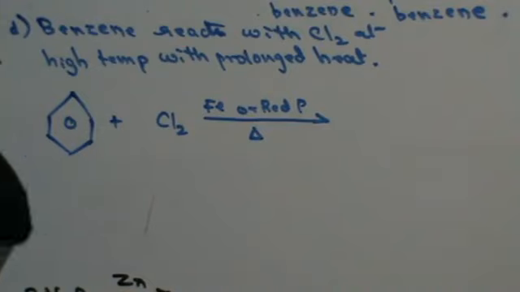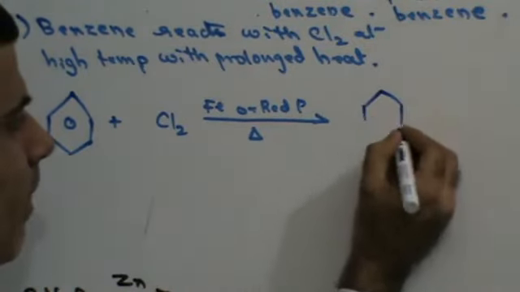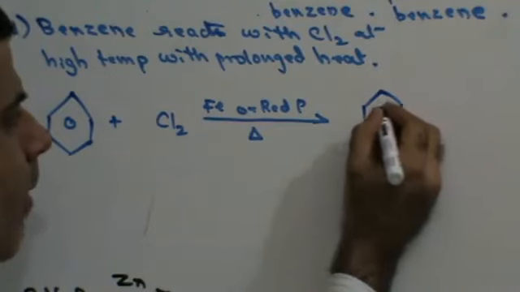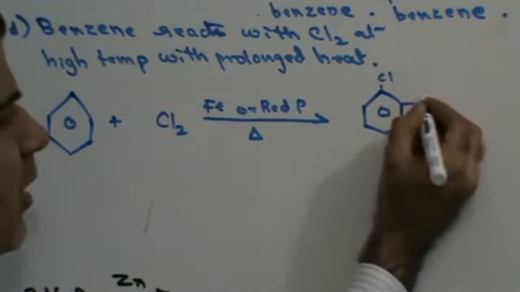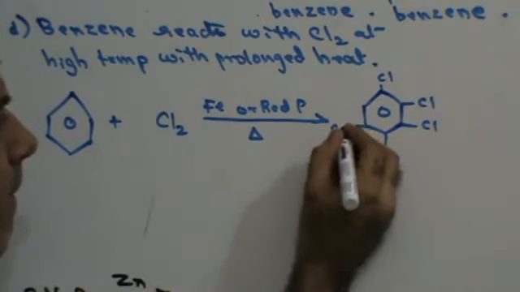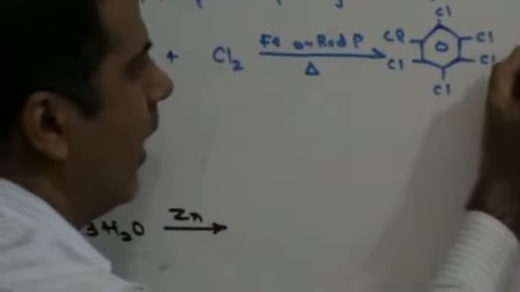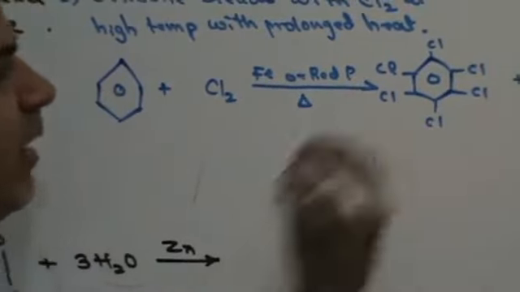You would have total substitution, that means all my hydrogens would be substituted by chlorine. So I'll have benzene, where all your hydrogens are substituted by chlorine, right? And you will have HCl.